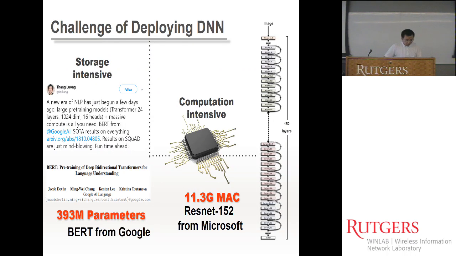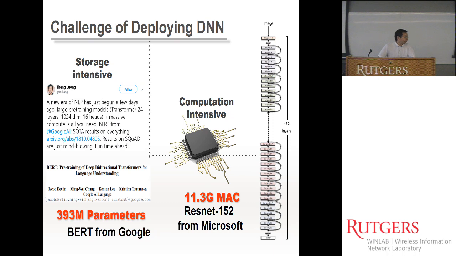So I can give you quick examples of how big those neural networks can be. These two examples are not for communication; they are for natural language processing and computer vision. But we can still see that they are very huge. For example, a state-of-the-art natural language processing neural model from Google requires nearly 400 million parameters.